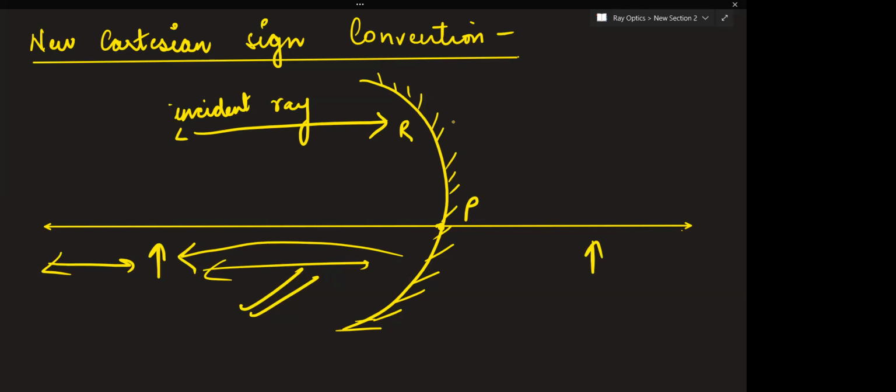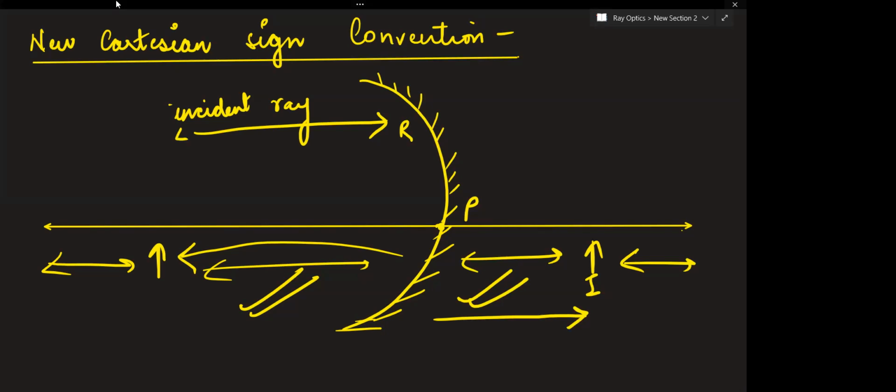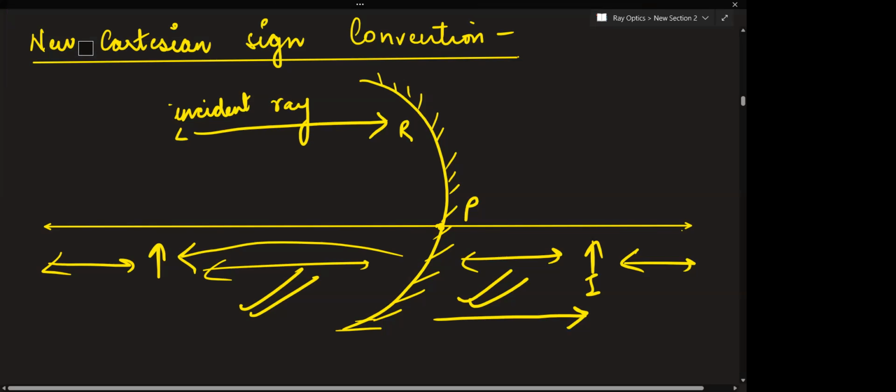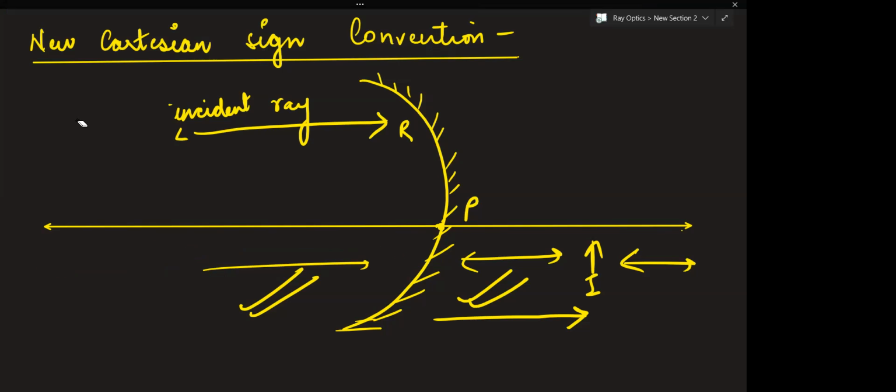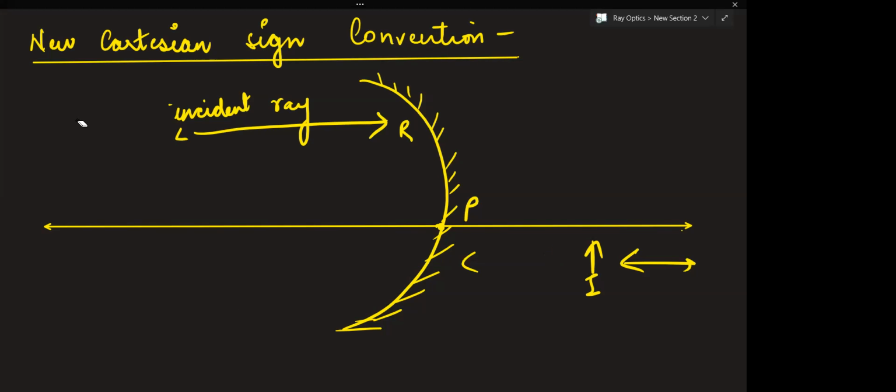If an image has been formed here, will you consider this length or this length? You will consider this length because this is the distance taken from the pole, and all the sign conventions will be formed accordingly. So the second point says that all the distances are measured from the pole.